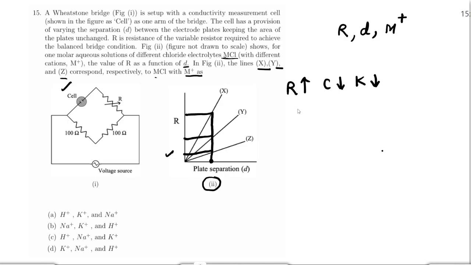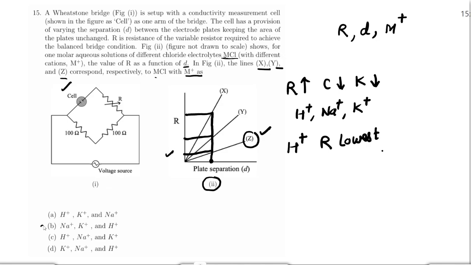So first tell me, out of H plus, Na plus and K plus, which one has highest conductivity? H plus. If conductivity is highest, so resistance is lowest. So which one has the lowest resistance? So that means Z should be H plus.